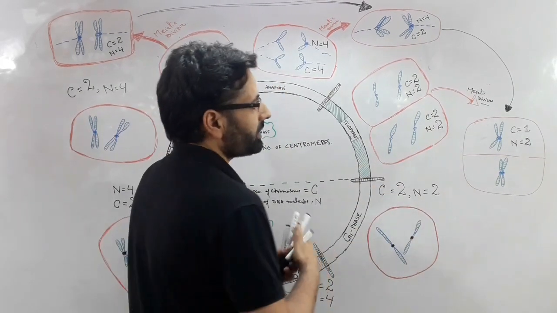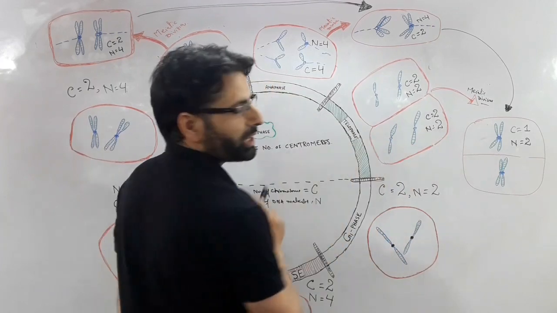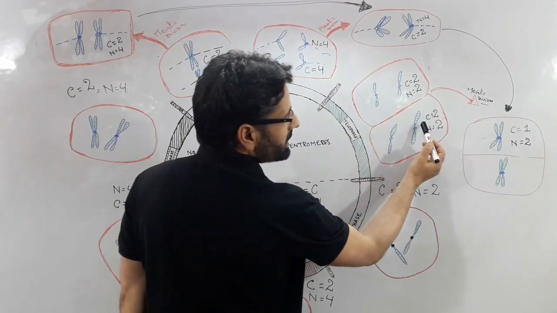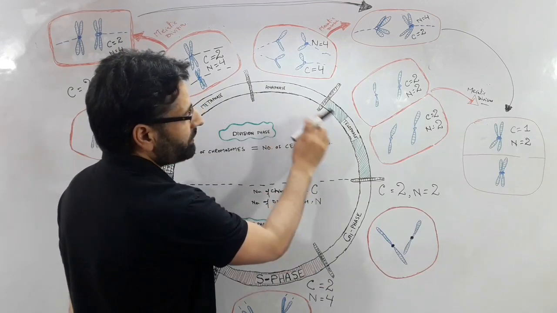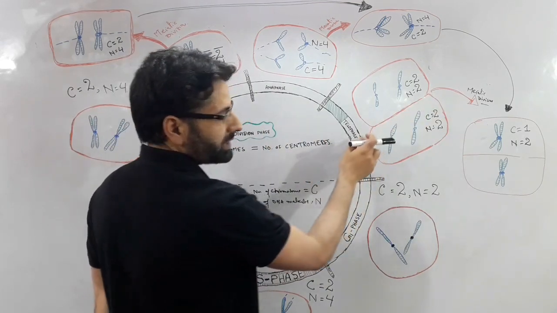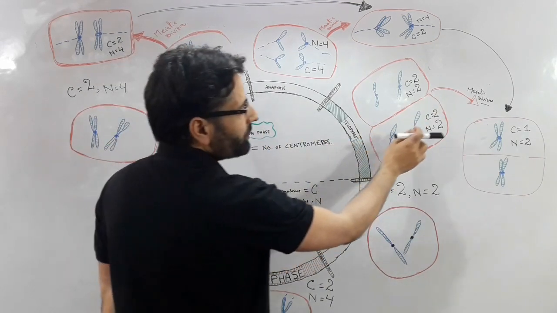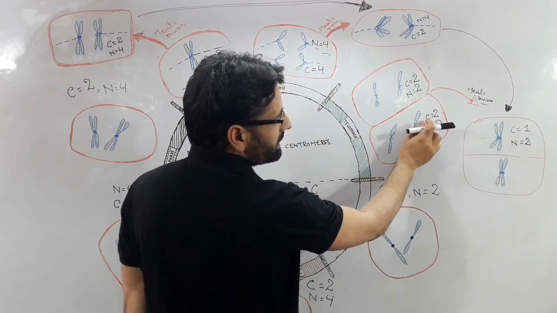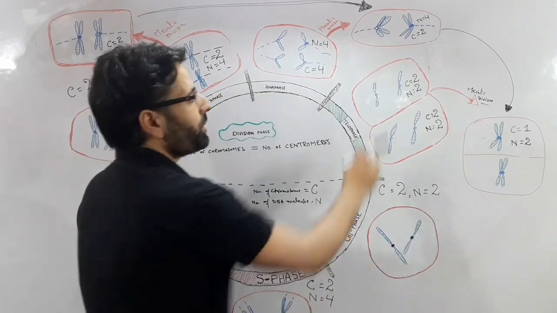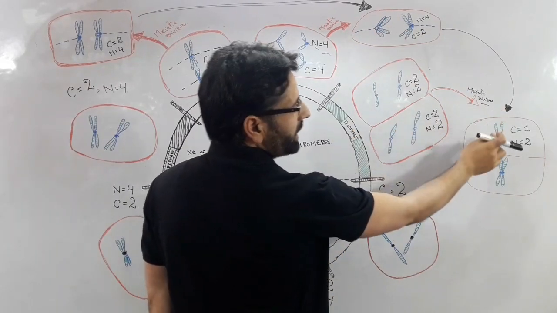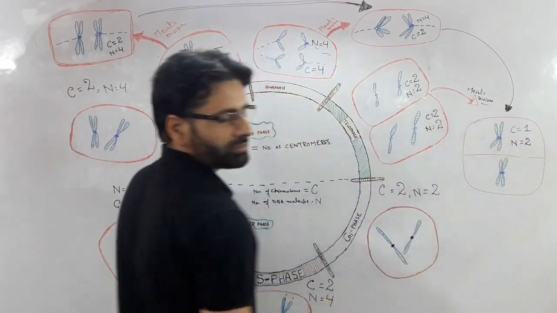And it is different from the mitotic division. Here, in the mitotic phase, when the cell moves from the anaphase to the telophase and then cytokinesis happens, we have 2 chromosomes in this cell and 2 DNA molecules in this cell. But in the meiotic phase we have only 1 chromosome.